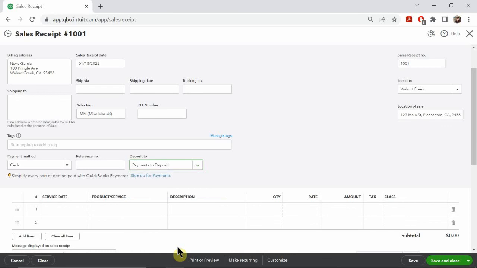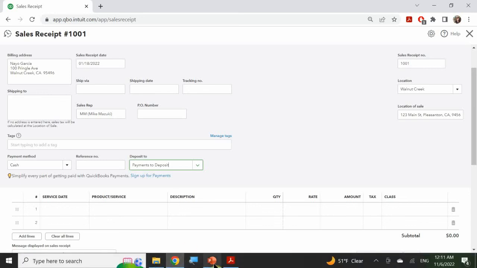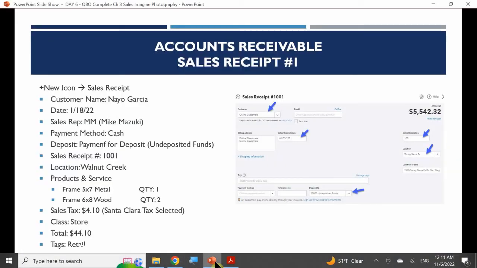We created an account for that, that's our undeposited funds account. So this is the money that we're going to be collecting and holding on to until we actually deposit it into our bank. So let's see what other things are on here.